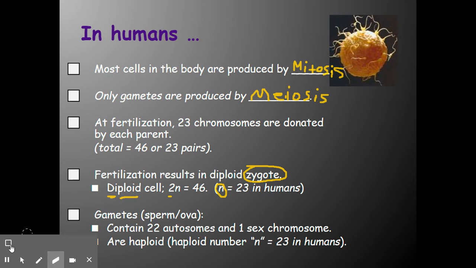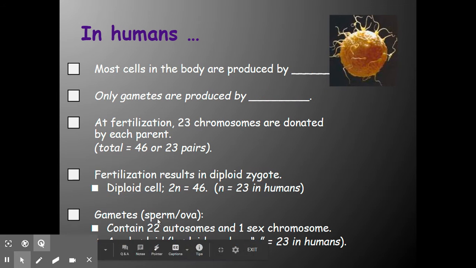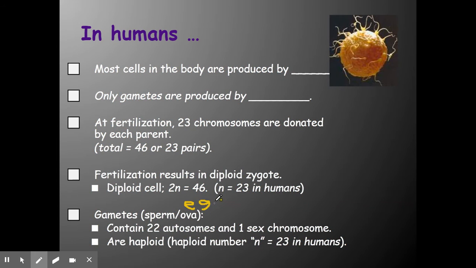A gamete can be a sperm or an ova. Ova is another name for egg, like a female egg. Each of these contains 22 autosomal chromosomes and 1 sex chromosome for a total of 23.